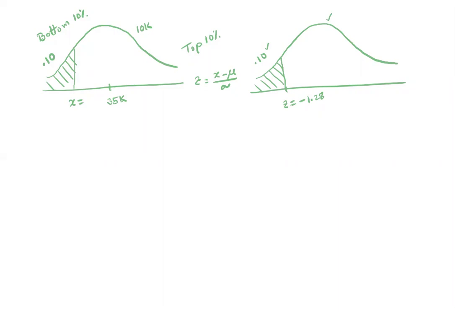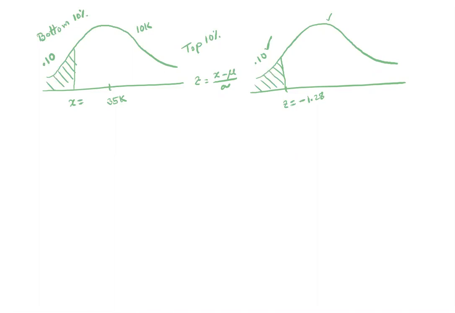In this case, probability is 0.10 because we want to be in the bottom 10%, so we need to find the z-score associated with 0.10. Since 0.10 is less than 0.50, it should be in the negative z value region.